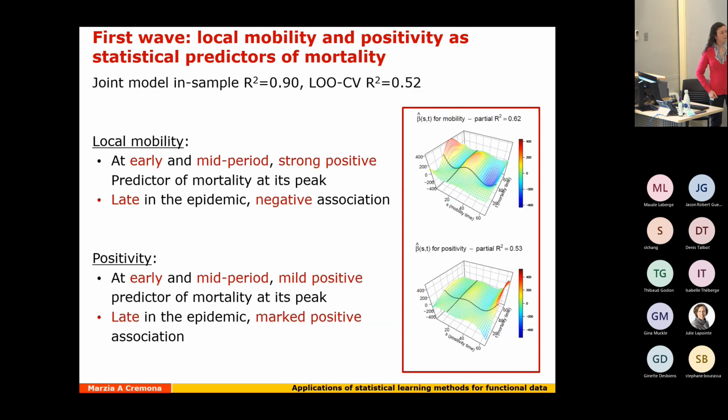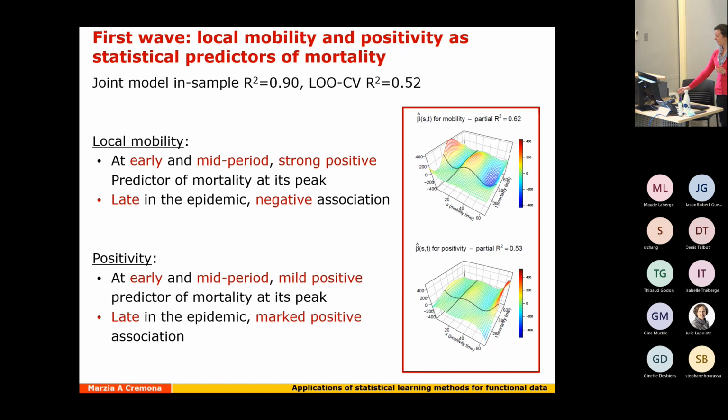We applied this model and we were able to see that local mobility was a strong positive predictor of mortality at its peak. This is the red part of this beta surface. Late in the epidemic, we had a negative association. Remember that here we are studying only correlation, not causation, between the variables.